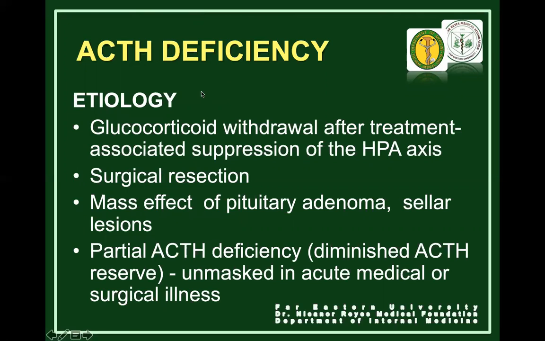The etiology is usually glucocorticoid withdrawal after treatment. This is associated with suppression of your HPA axis. So remember, this one is very common, and you have to investigate if this is the cause. Or was there a surgical resection in your pituitary? That's why during pituitary surgery, we usually give steroids because we know that this can happen. A mass effect, if there's a tumor in your pituitary, or a cellular lesion, can also cause an ACTH deficiency.